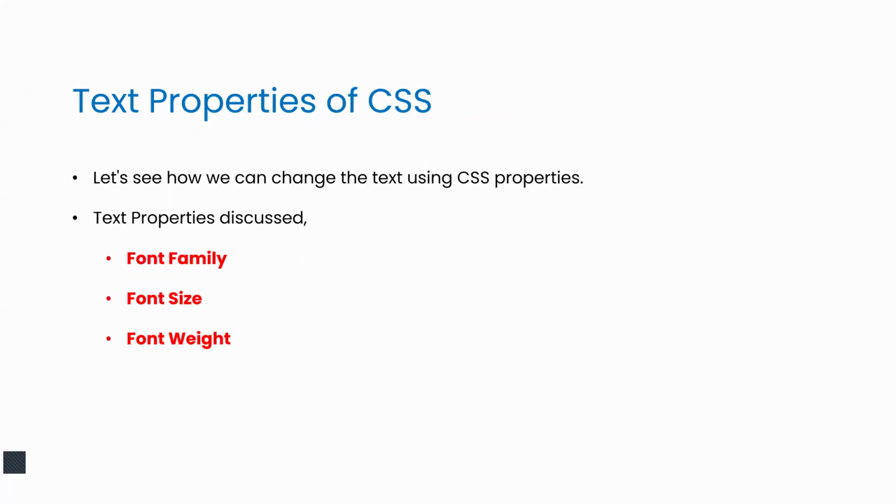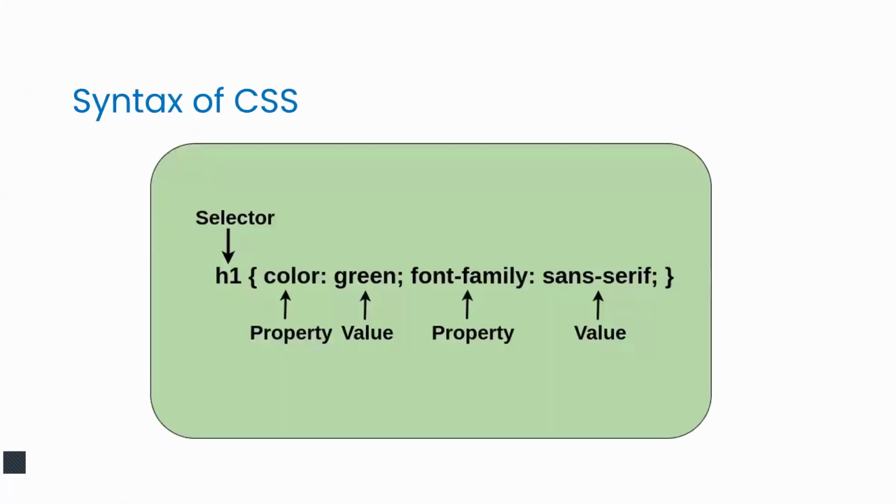Semicolon. So this is the structure. You can see here H1 is the selector, which means you are writing this CSS code using the H1 tag. Color is the property, and green or red is its value.